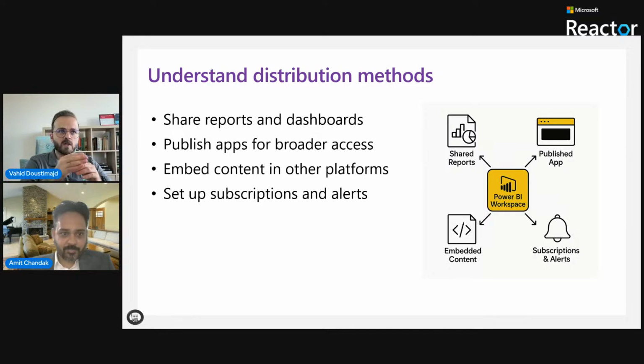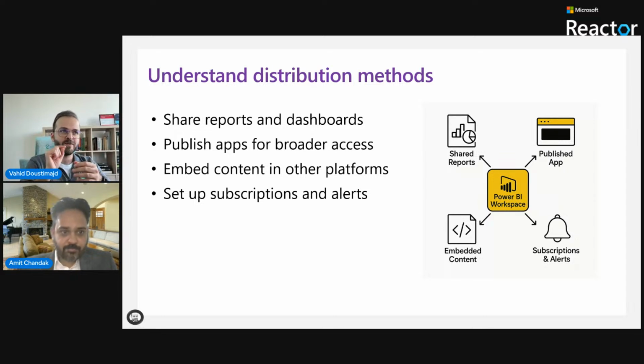The other part, which is the best practice, is to publish an app and then grant access to different people. The difference between those two approaches is, if you want to share the reports one by one, then you need to add or remove people, or distribution lists. If you have a mailing list or a security group, you can add them as well.